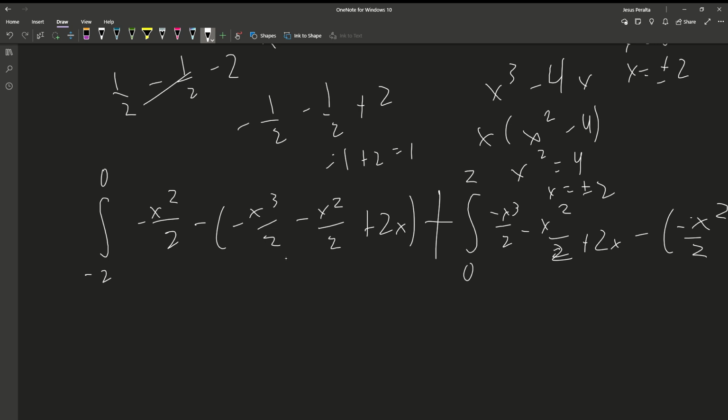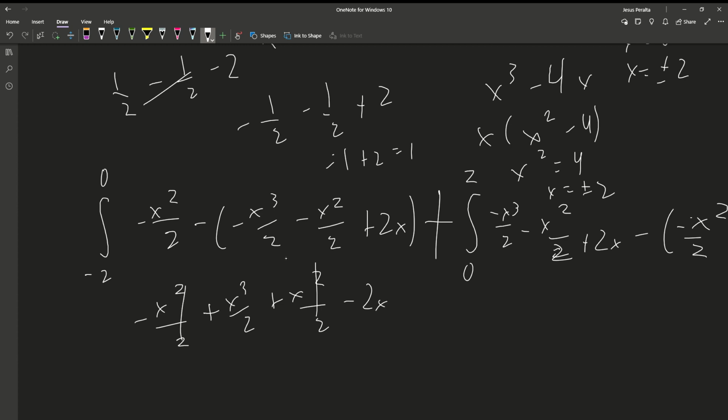Now, if you could already see, if not, we're just going to simplify it. But the x squared over 2 terms are actually going to cancel out. But just in case you can't see that, we're just going to write it.